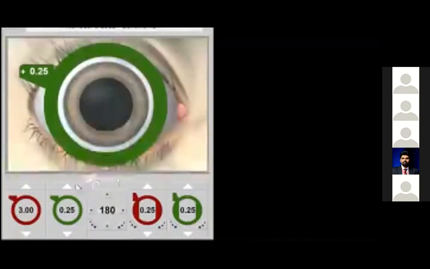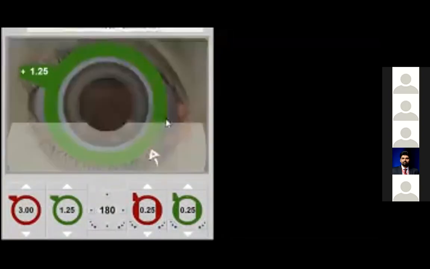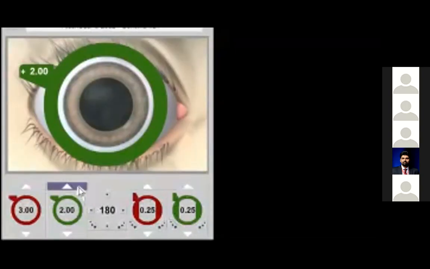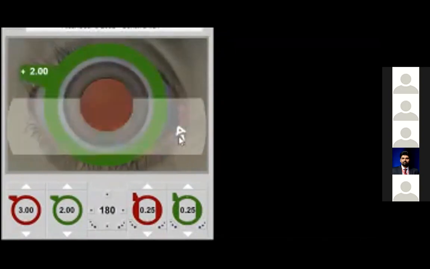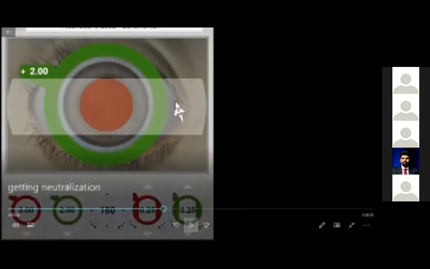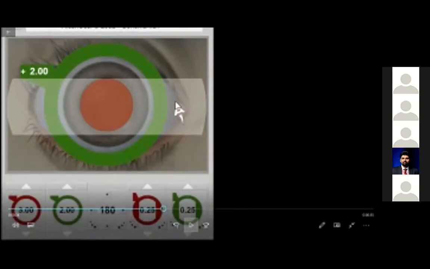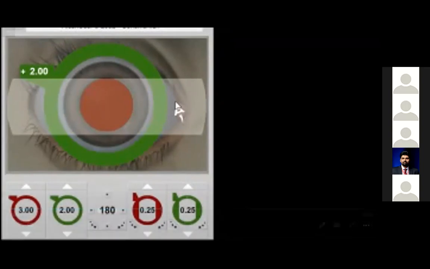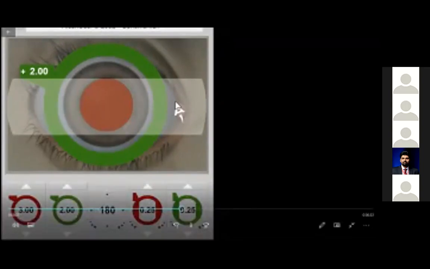So I'm adding plus 0.25 and increasing it. You can see the reflex is becoming sharper, brighter, and you keep doing it until you reach neutralization. And finally, at 2 diopters, I have got neutralization. So the end point of retinoscopy is when you achieve neutralization. So for a with movement, you add plus lenses. In this case, at plus 2 diopters, I've got neutralization.